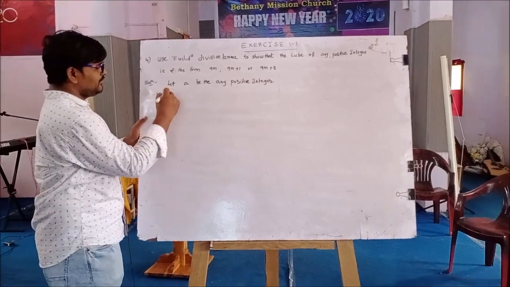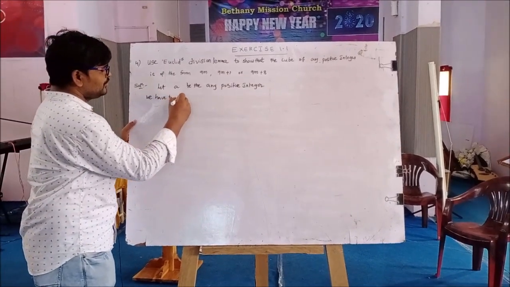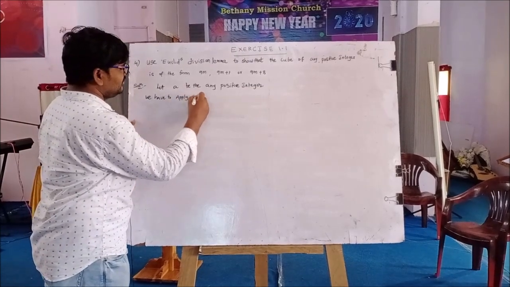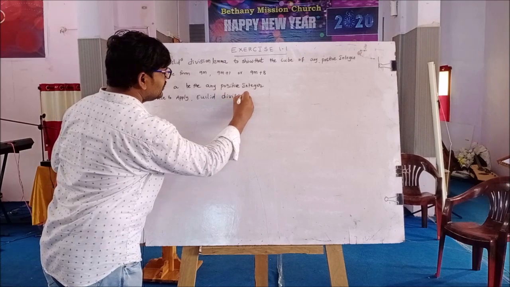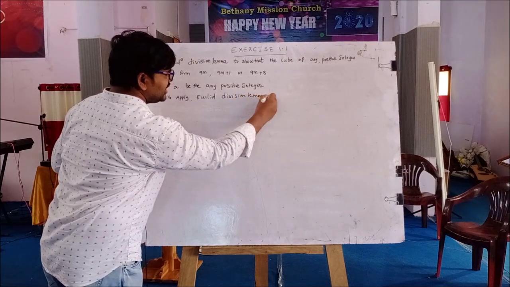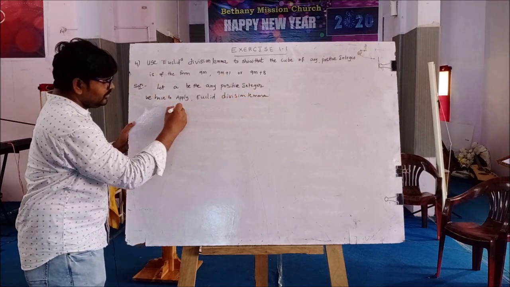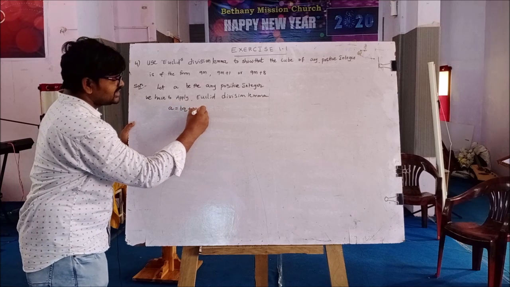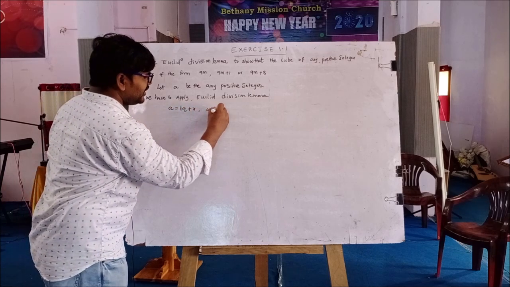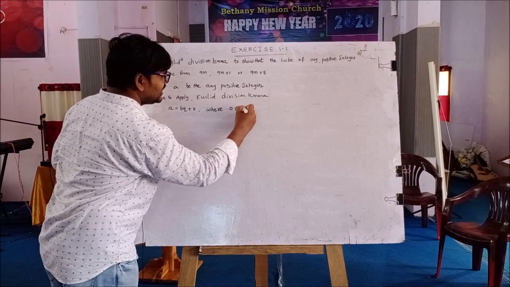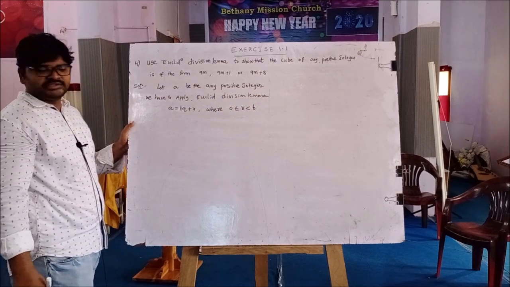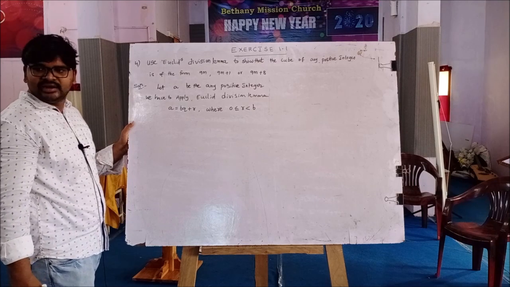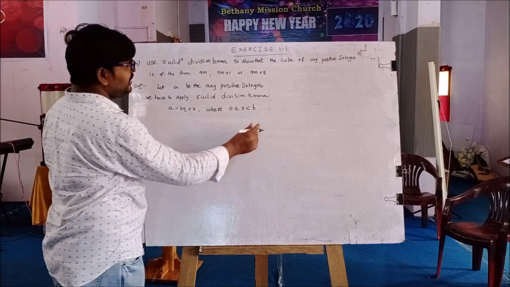We have to apply Euclid division lemma. A equals BQ plus R, where 0 less than or equals to R less than B, where B equals 9.